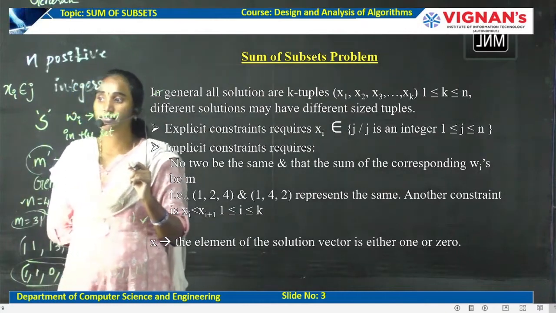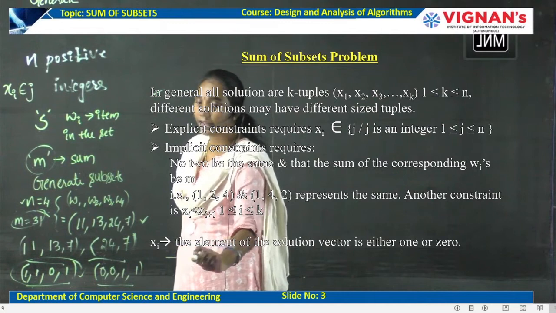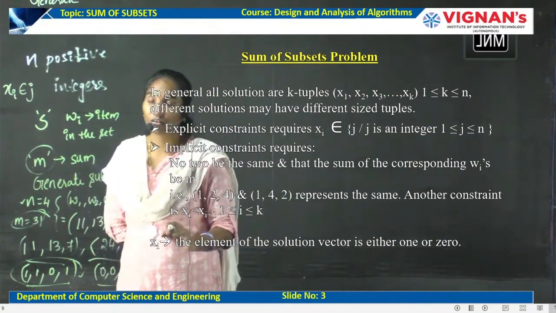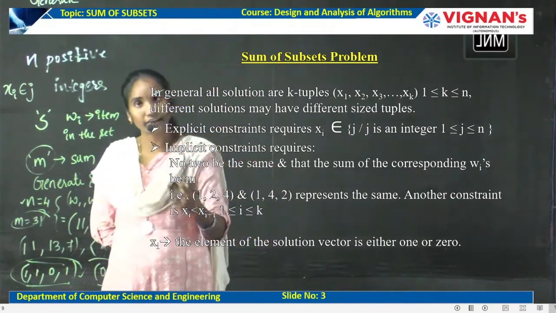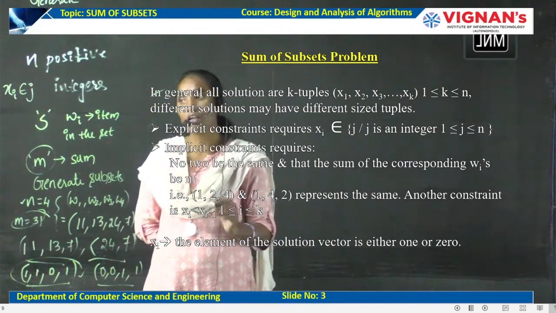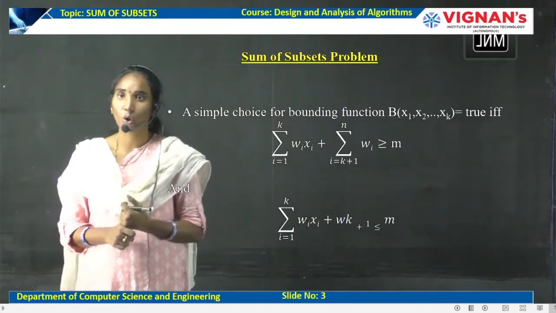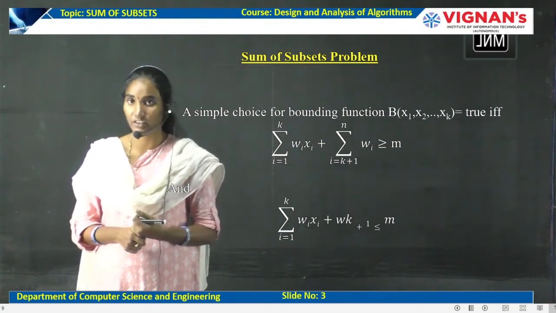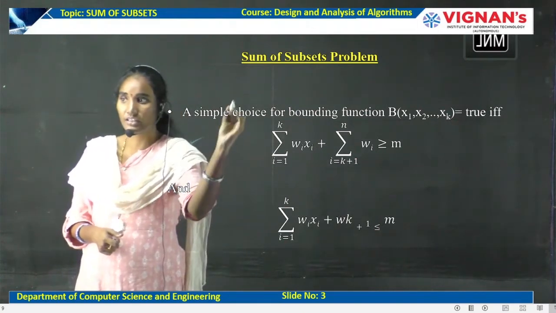Now the next thing is, xi is the element of the solution vector. That can be a direct weight wi, or else we can also represent it as either 1 or 0. Right? So here there is a bounding function called b of x1, x2 and so on up to xn, equal to true if and only if this condition is satisfied.